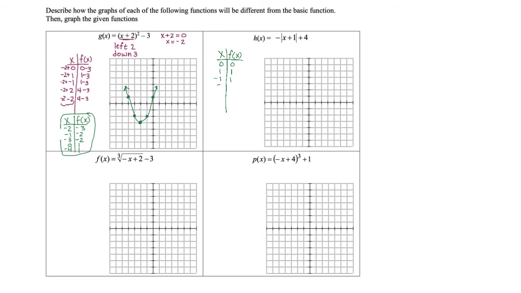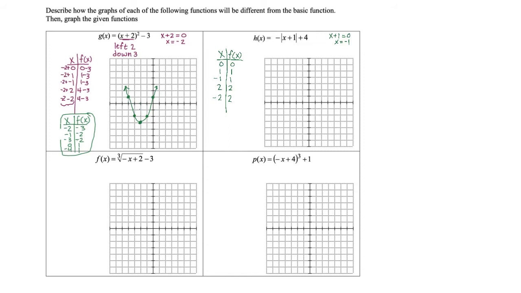We have 2, 2, and -2, 2. Alright, so let's go see what transformations need to occur. So let's look at the inside portion here. So I have x plus 1 equals 0. So x is -1. So we also now know that we need to move to the left 1.